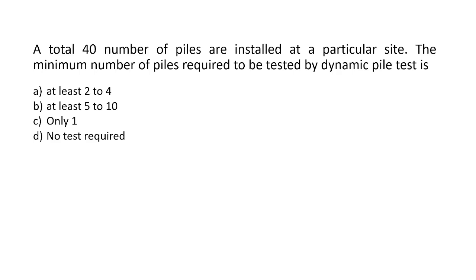And how are you saying that? 5 to 10% is the guideline. Yeah, correct. The guidelines are like 5 to 10% of the total number of piles will be considered as the minimum number of piles. So 5 to 10% of 40 will be 2 to 4. So the correct answer will be A. At least 2 to 4 piles we need to have the dynamic pile testing.